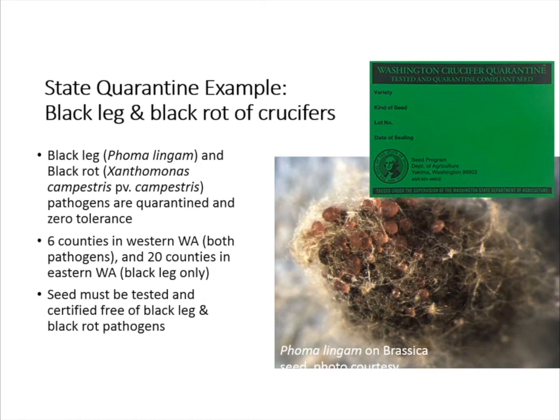And this quarantine bans planting any seed infected with blackleg and black rot in western Washington, and requires testing of crucifer seeds. And the lots should be tagged, and you can see that green tag from the Washington State Department of Ag that says that it has been tested and therefore can be planted in the quarantine area.